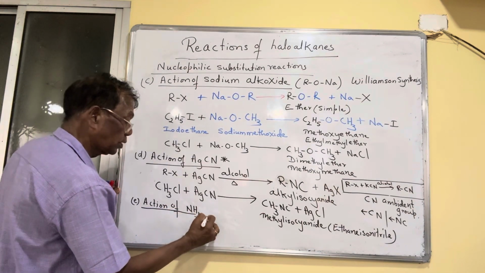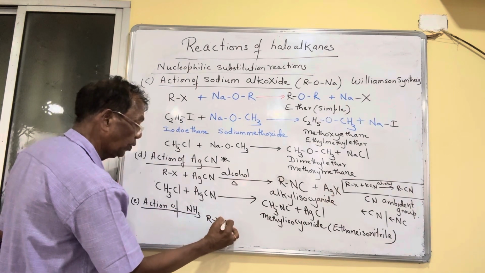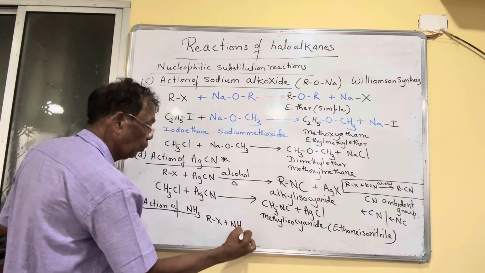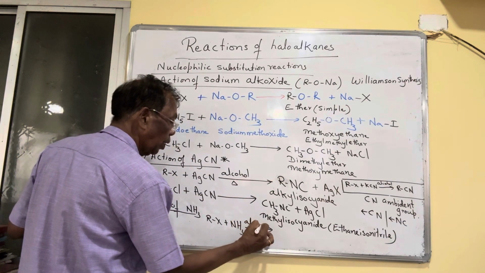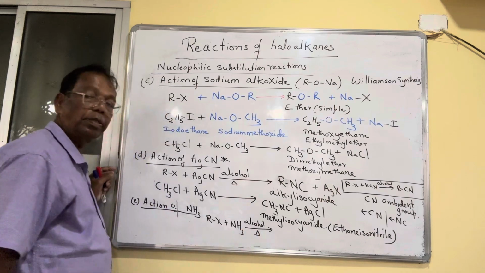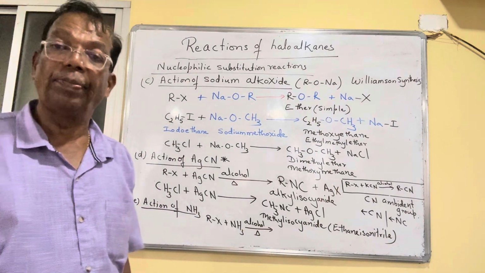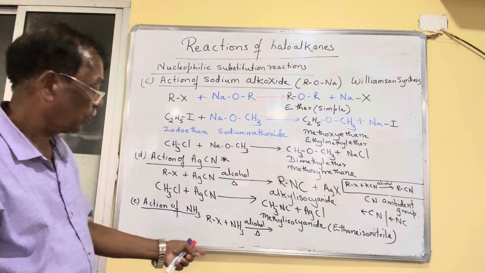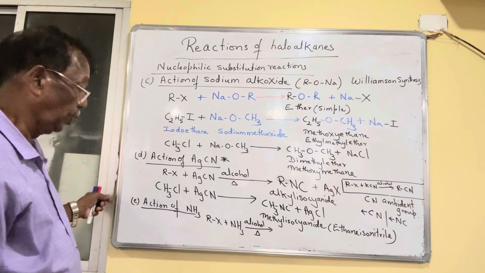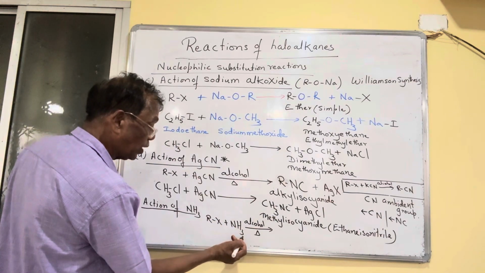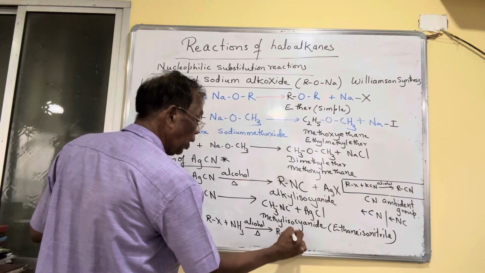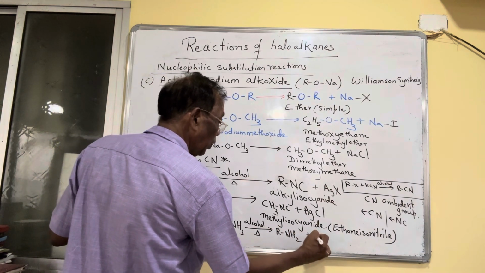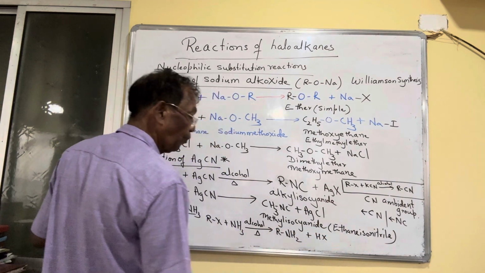So RX, please follow this. It is easy. Not that important, so I will not stick to this much. Alcohol and heat. There is one more chapter called amines. In that chapter you will study this in detail actually. So what you will get here, see H from here, X from here will go out, and what is left there will be RNH2 plus HX.